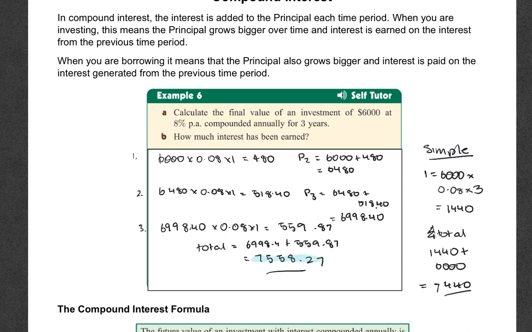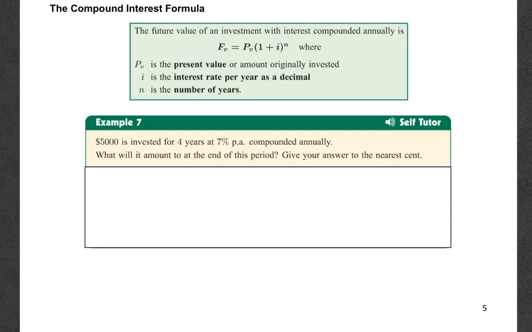Okay, let's have a look at the formula. So the future value means the value in the future of an investment with interest compounded annually equals the present value, so what it's worth now, times 1 plus the interest rate as a decimal, to the power of n, and n is the number of years.